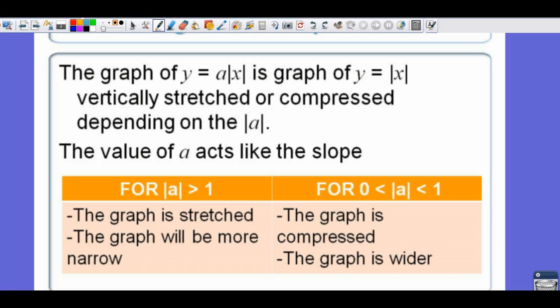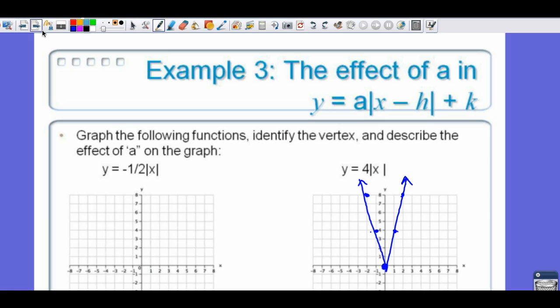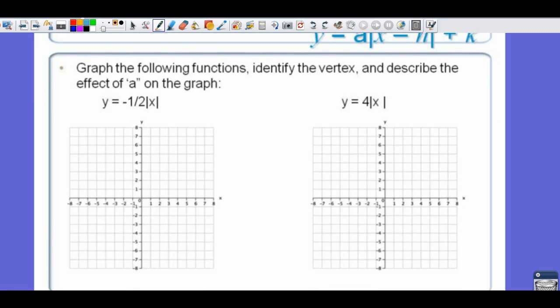Alright, so let's graph our example. We have negative 1/2 |x|. A negative in front of my graph is going to reflect it, so instead of opening up, it opens down. That negative 1/2 is like my slope.